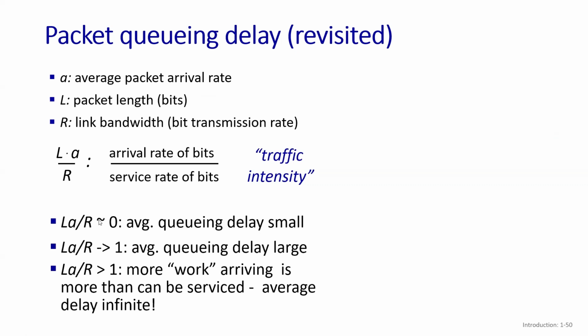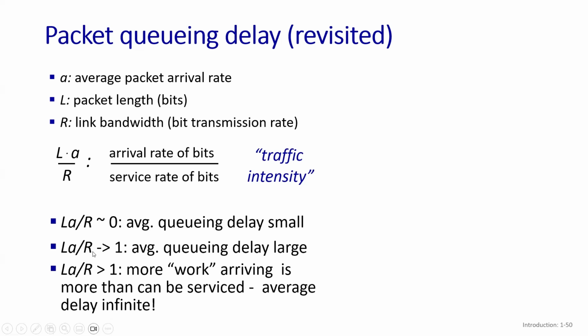If the traffic intensity, L cross A by R, is approximately equal to 0, it means that we will not have a queuing delay, or it is going to be very, very small. But as the traffic intensity keeps increasing, in other words if the average arrival rate of the bits keeps increasing, the delay will be larger.